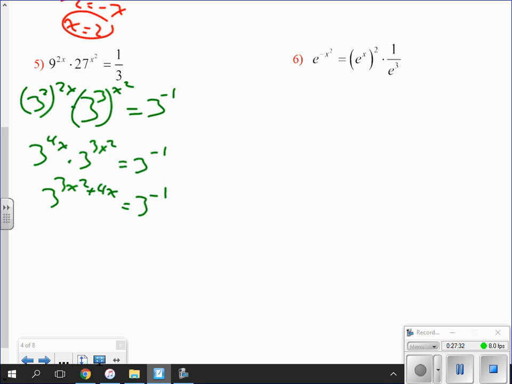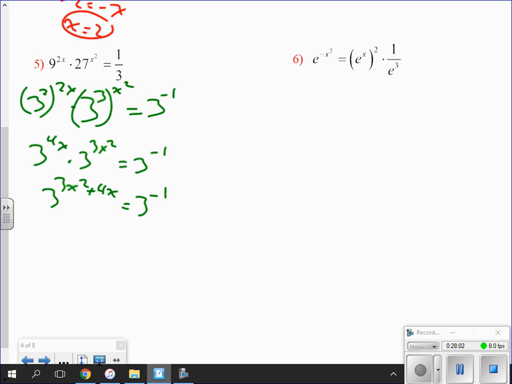When I have 2 things multiplied, I add the exponents. Just because I can't add them together to get one thing doesn't mean I don't add them together. Yes? No, because it's 3 times x squared, which is 3x squared.